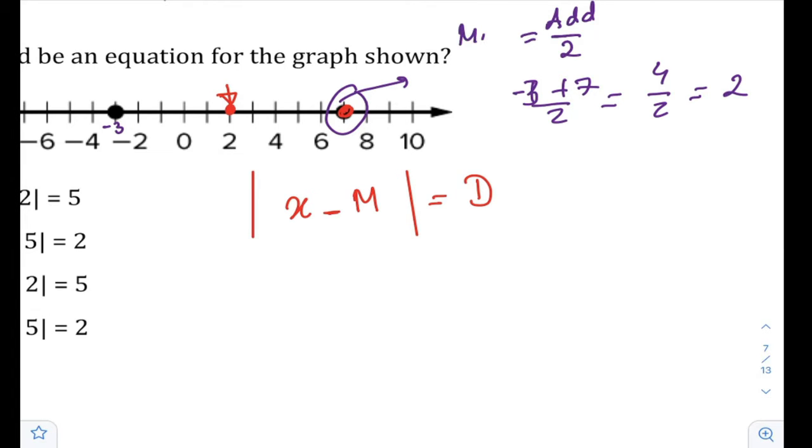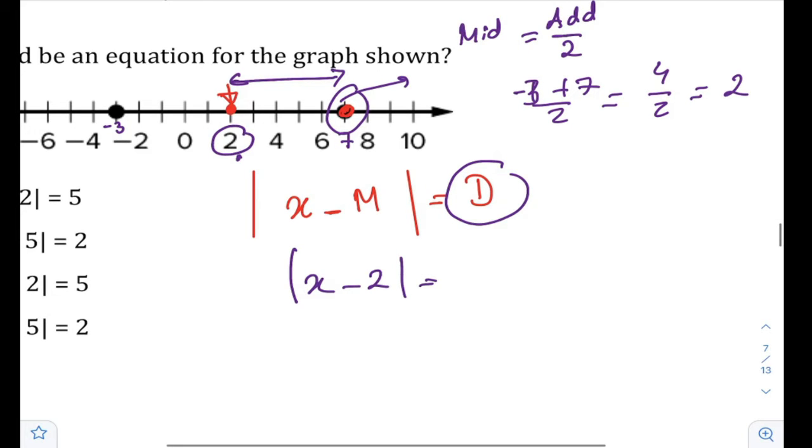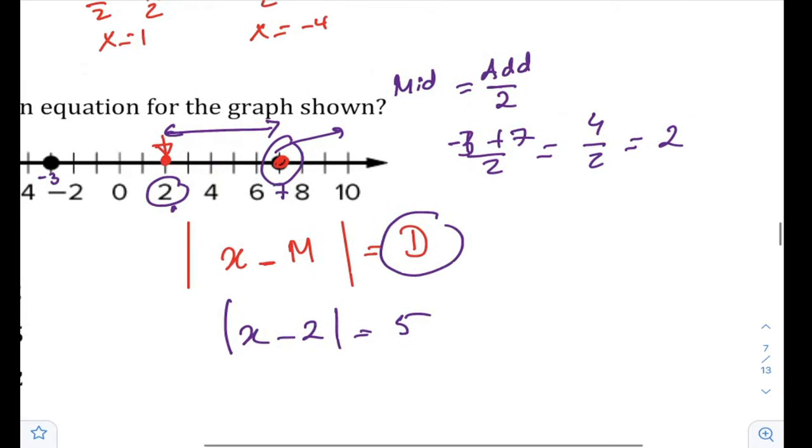This is the midpoint. Now, what about this part? So this will be x minus 2. The distance from the midpoint to one of the endpoints, the distance between the midpoint which we found, 2, and the 7. How much is it? It is 5 definitely. Can we find it algebraically? If the distances are far apart we won't sit and count. So what will you do? Instead of adding, you will subtract.